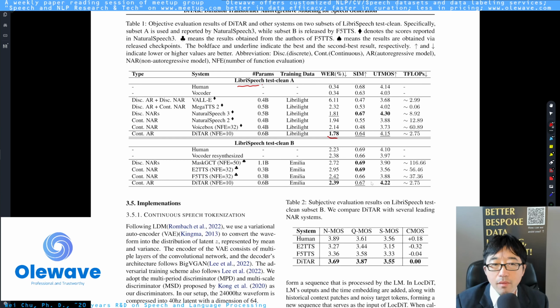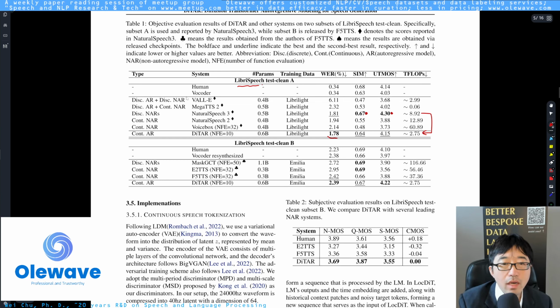But similarity-wise, this one's much better. The non-autoregressive one and the UTMOS is better, but they managed to bring down the TFLOPs. For LibriSpeech test-clean B, I won't go into that many details. Well, the result is consistent. Okay.